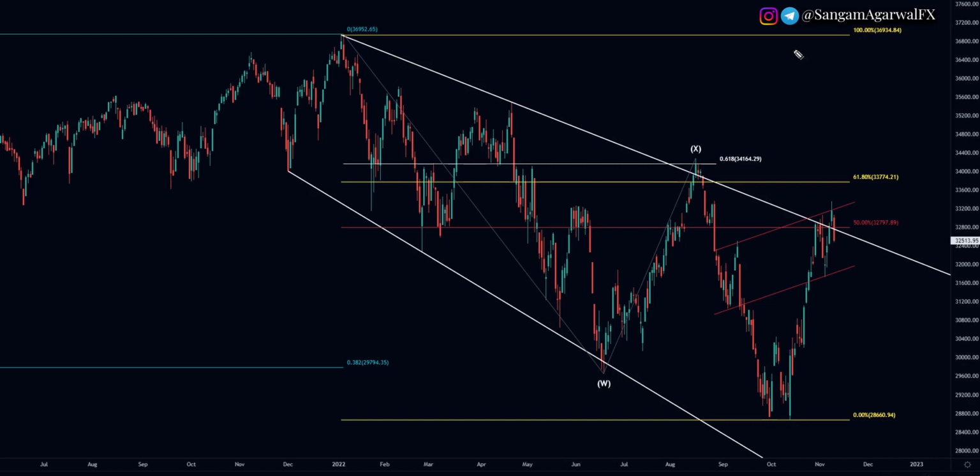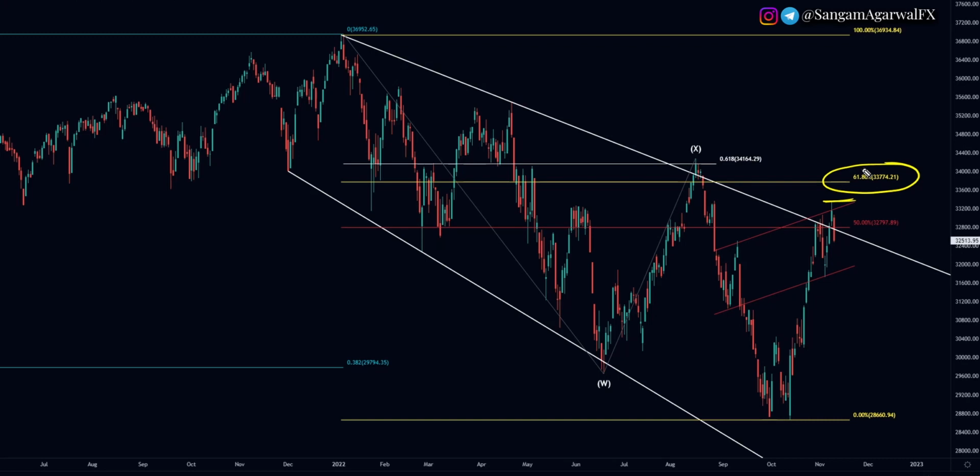It is focused on inflation control. So this upside movement, which we can call a bear market rally, has retraced this complete bearish trend. The 50% retracement is done, and if a new high comes, then the next target will be the 61% retracement.